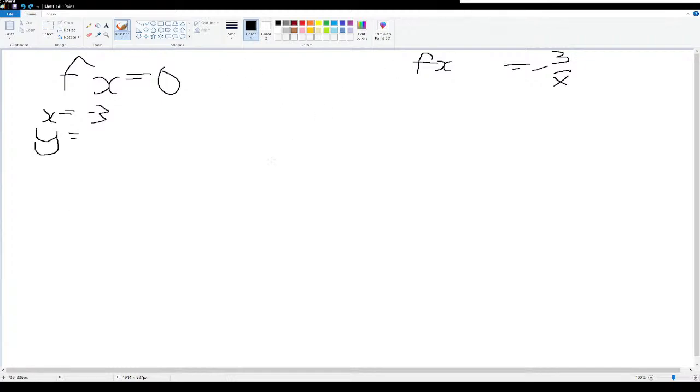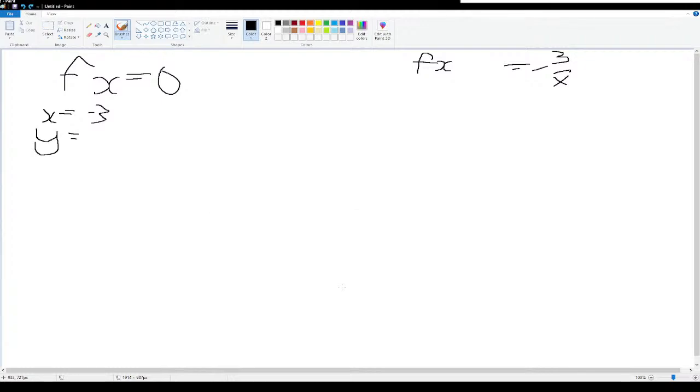Then we have to find the x-intercepts, which in a graph would be any dots along this line here.